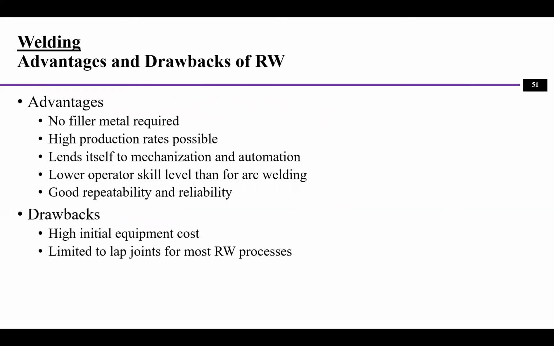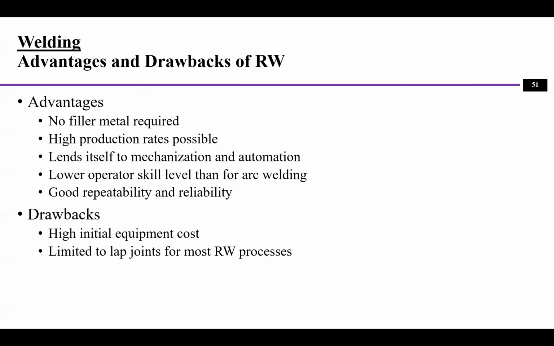There are advantages and drawbacks for resistance welding. The advantages are we do not need filler metal, which saves us money and also saves a lot of extra steps in the process, and it also gives us a higher production rate, because every time we just make a spot, and it's very fast.